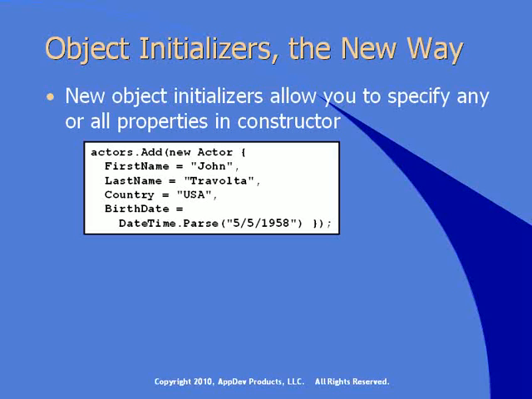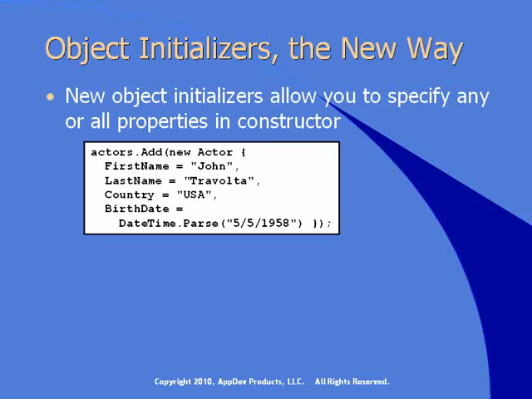We say actors.Add, new Actor, just like you might have done before, except in previous iterations of the language, you couldn't then specify property values at that same time, unless the constructor had that built in. But here we can specify in curly braces, property name equals value, comma, property name equals value, and so on, for each of the properties we'd like to set.